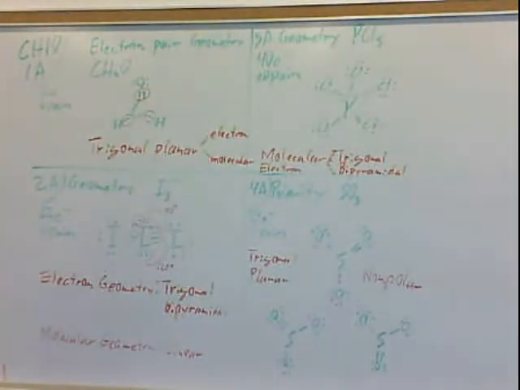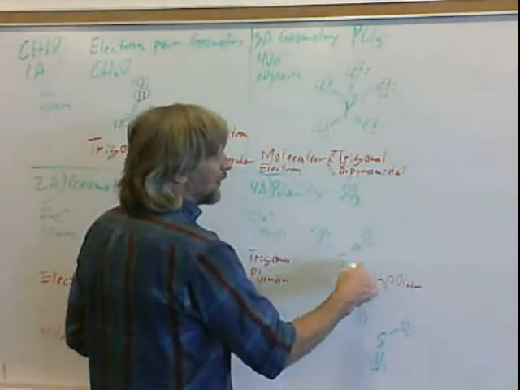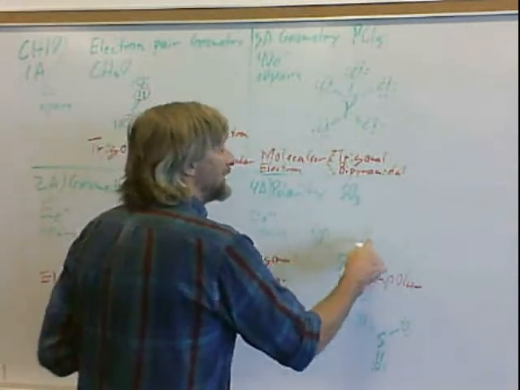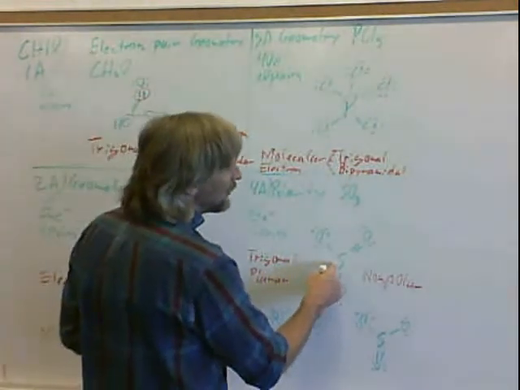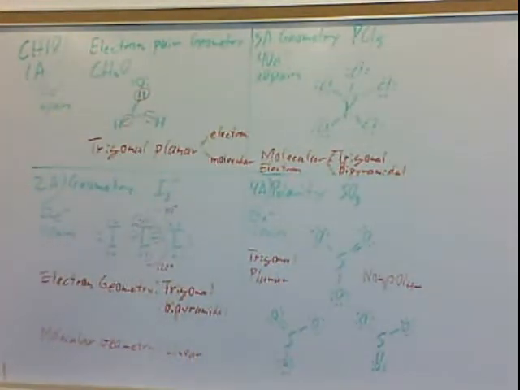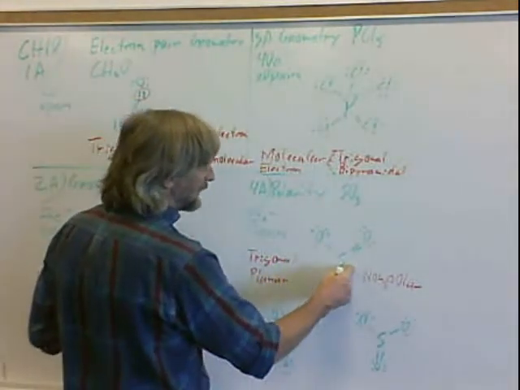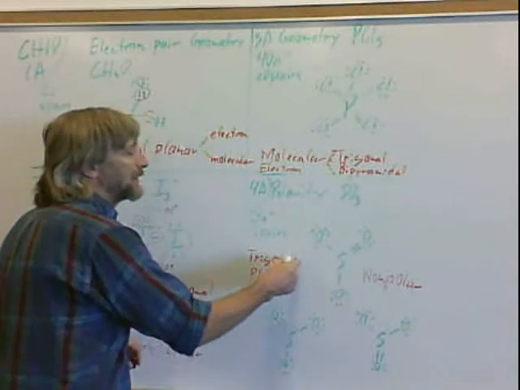And the way to check for that is if all the attached atoms are identical, and there are no lone pairs on the central atom. This makes it highly symmetric. Another way of saying no lone pairs on the central atom is saying that our molecular and electron geometries are identical.